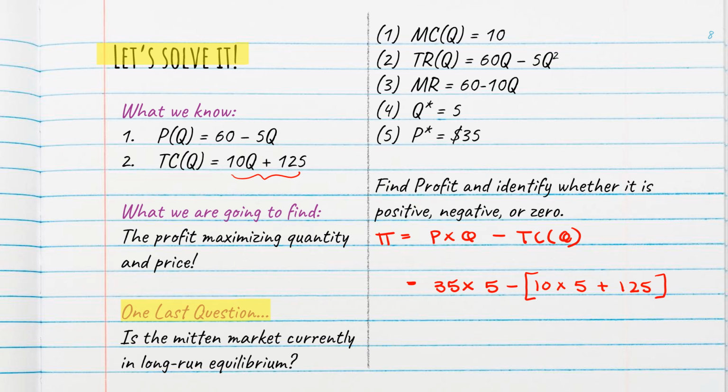It turns out that 35 times 5 is 175. And in my brackets, I have 125 plus 50, which is also 175. 175 minus 175 is equal to $0. So the answer to the question, is the mitten market currently in long-run equilibrium, is yes. And I know it's yes because this firm is earning zero profit.